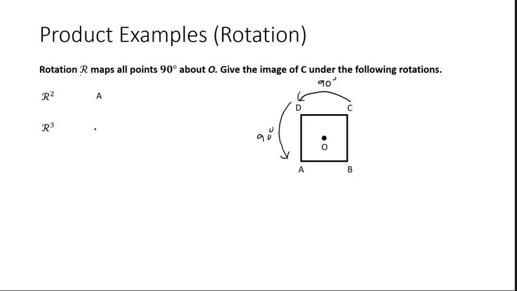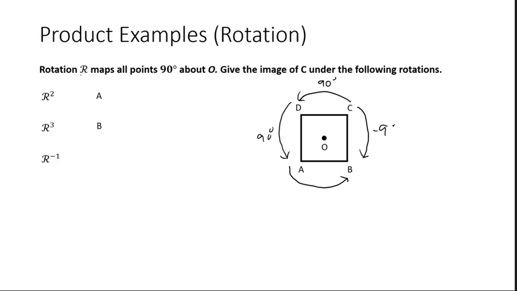Now what about r to the third power? Well, r to the third power would be another 90-degree rotation, which takes you over here to point B. So r to the third power would be point B. Now what about the inverse of r? Well, the inverse rotation of a 90-degree rotation would be going the other way. So instead of going in the positive direction, we're now going in the negative direction.